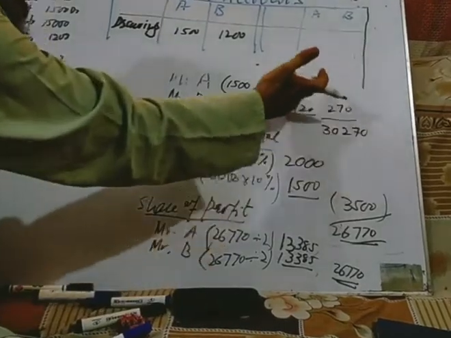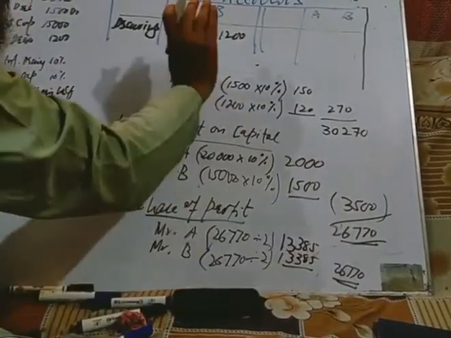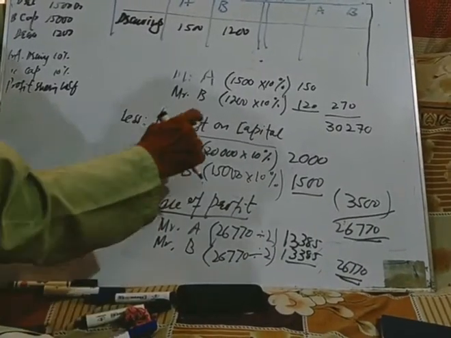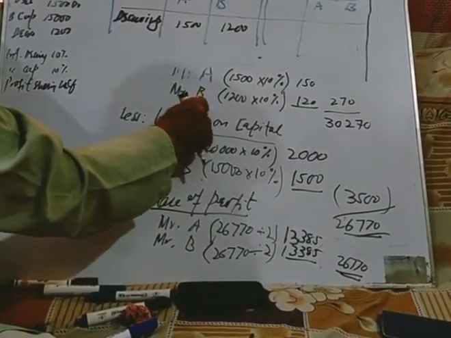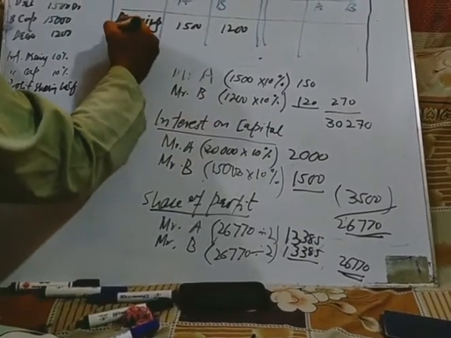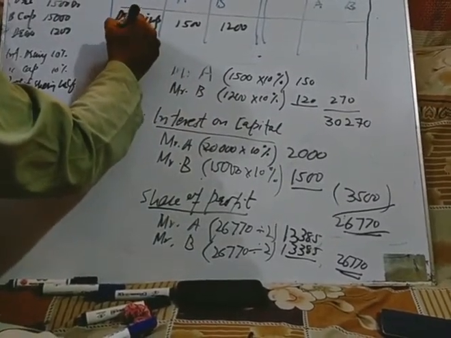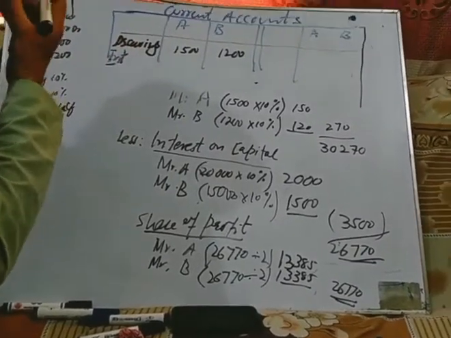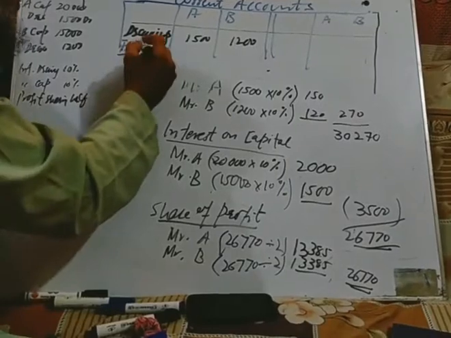Now we will transfer this information into the related columns, debit or credit. First of all, we gave the interest on drawings. Interest on drawings is also written in the debit column of current accounts.